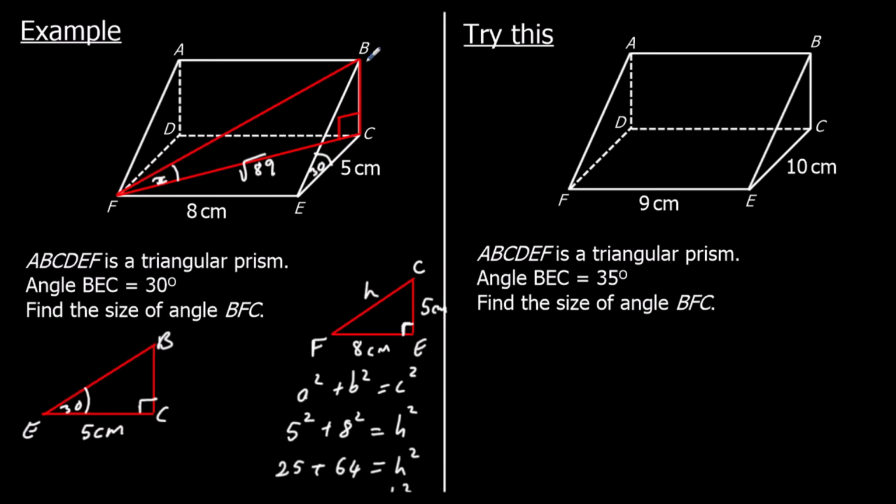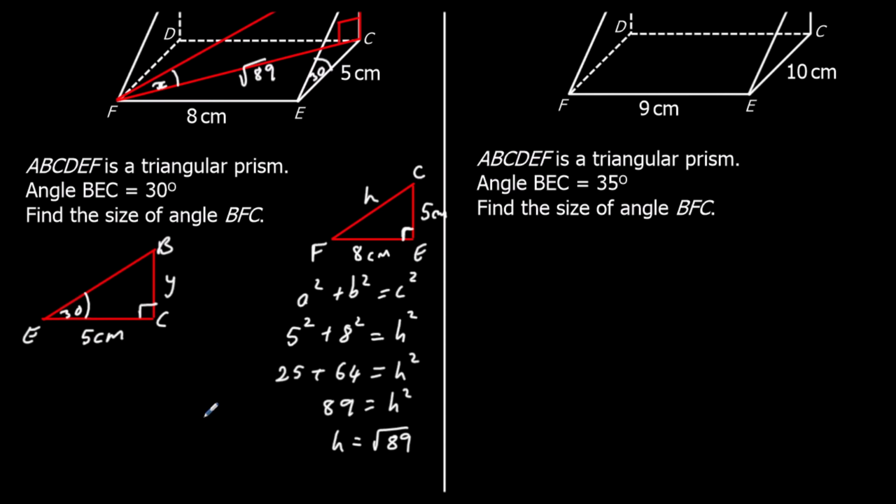We want to find B to C. So I'll call that y. The hypotenuse is the longest side. Opposite is opposite our angle. And the adjacent is in between the angle and the right angle. Again, we're not using the hypotenuse. We're using O and A. So it's TOA, it's tan.